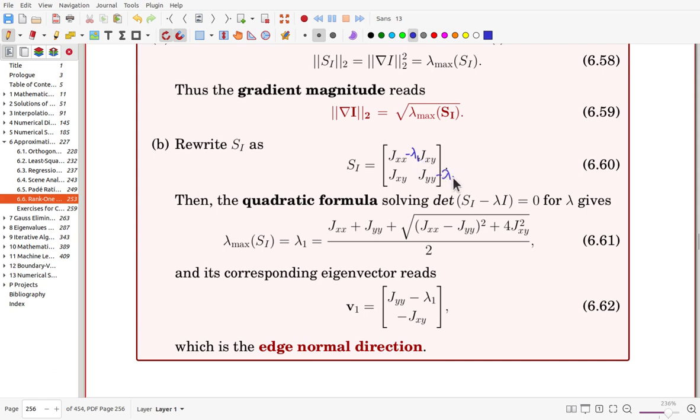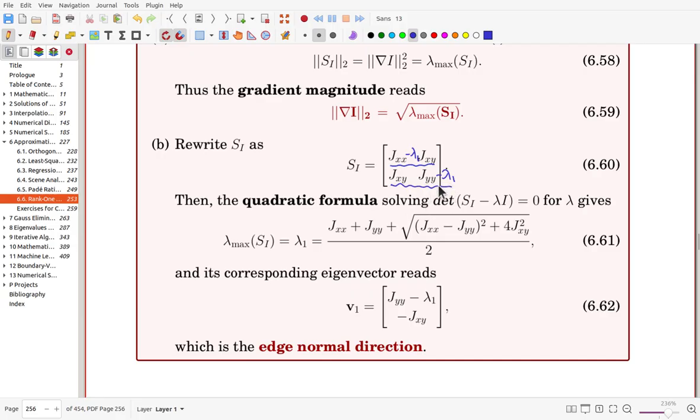From one row, try to choose a vector orthogonal to this row. That choice is, in fact, chosen from the bottom row.